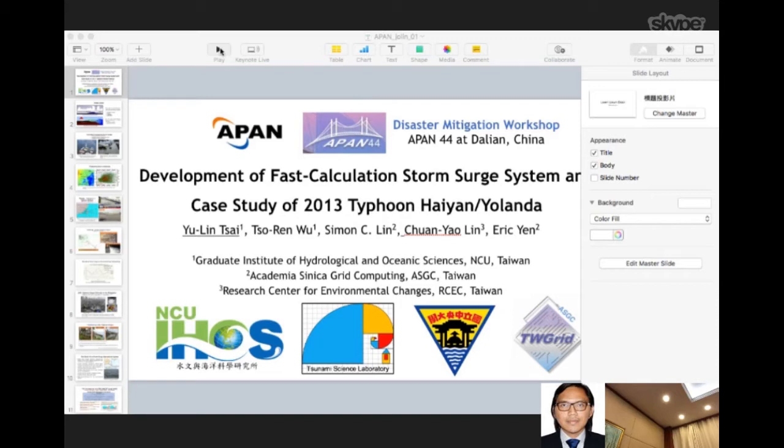For example, maybe different countries will predict the typhoon track differently. Maybe the USA says that the typhoon will make landfall on Taiwan, but other countries, maybe with WRF or some weather prediction system, say no, the typhoon will make a turn before making landfall on Taiwan and turn to maybe Japan or Korea.